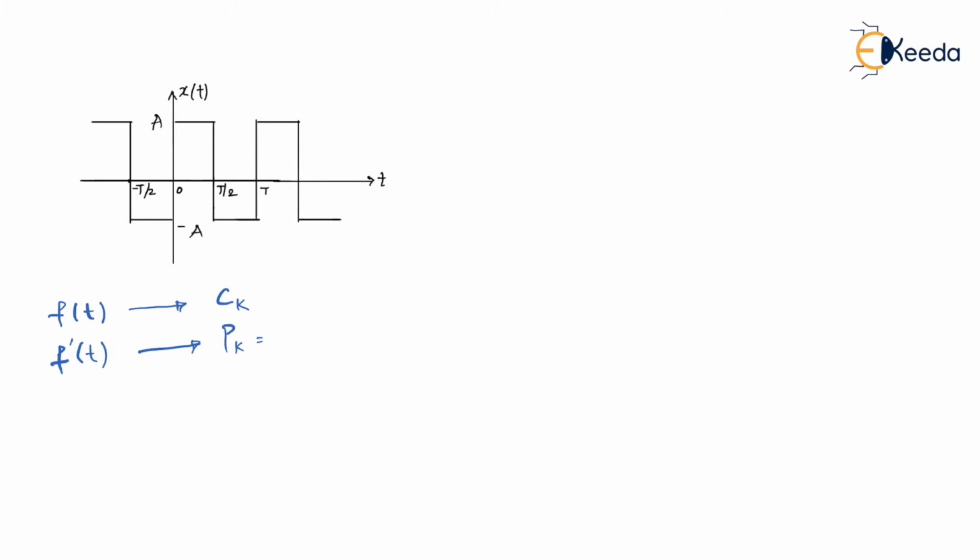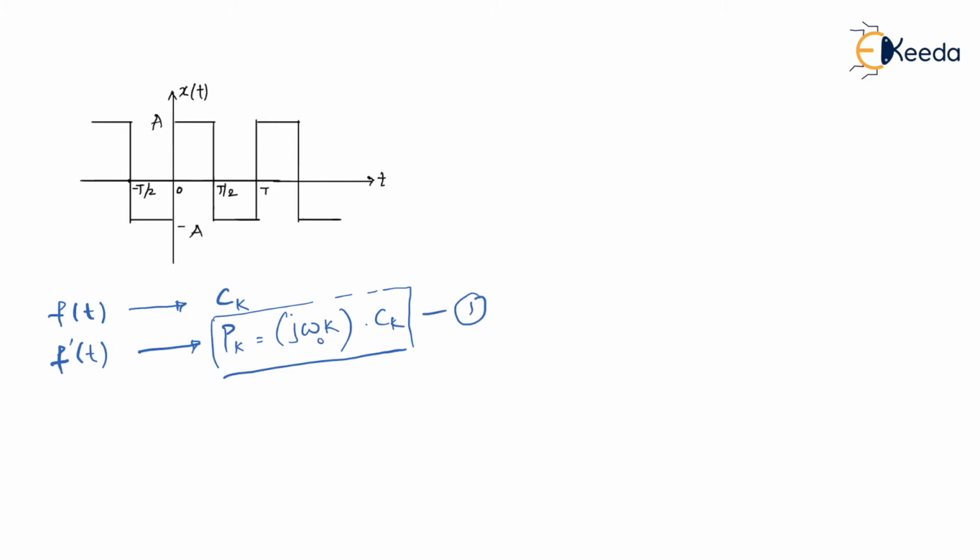By using the property of differentiation in the time domain, it is simply j omega naught k times ck. Is that right? Don't forget, we have to calculate ck at the end, but pk, the Fourier series coefficient for f dash of t, is j omega naught k times ck.